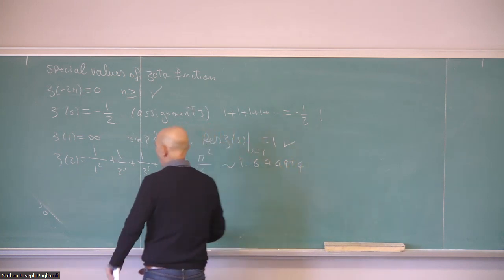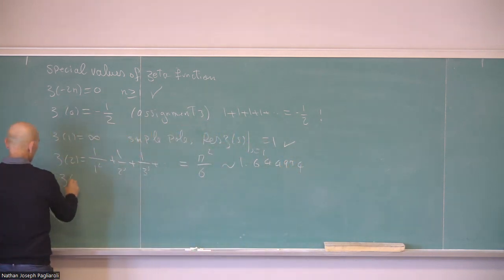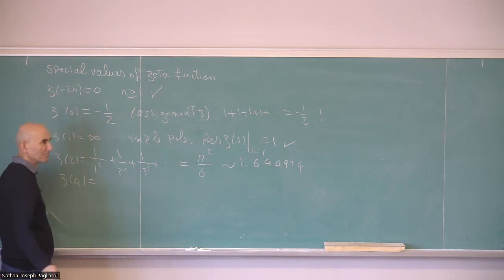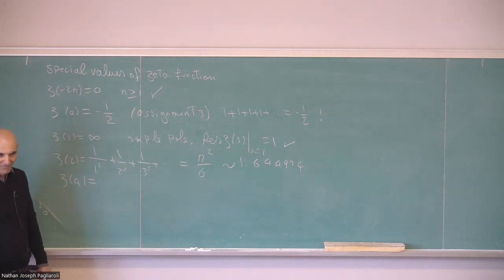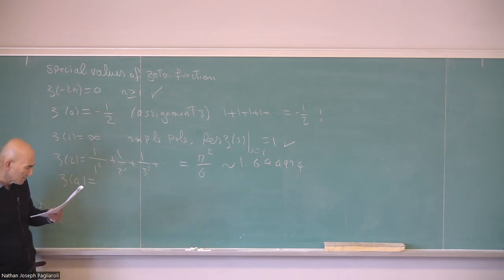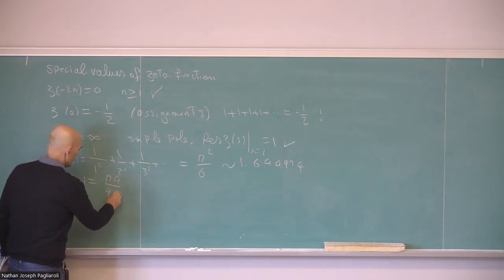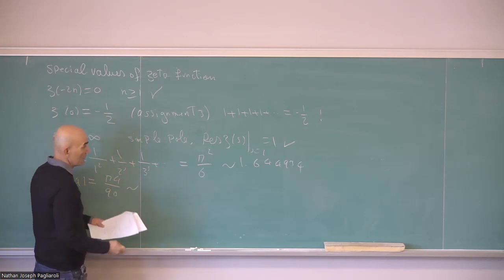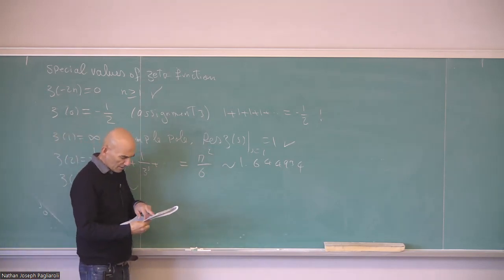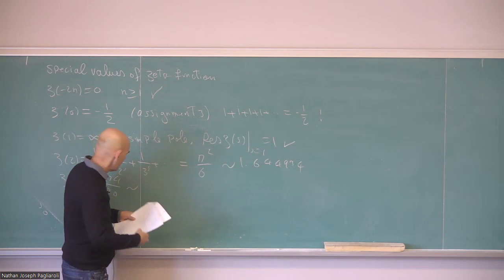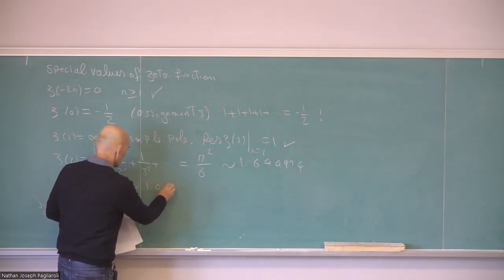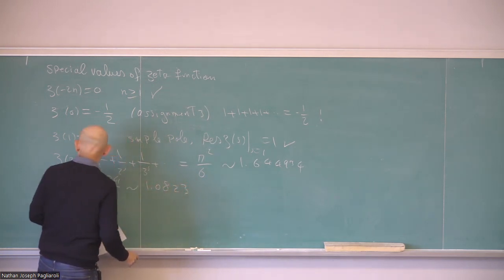And anybody remembers the value of zeta of 4? So zeta of 4 must be pi to the 4 over 90. Yeah, this is correct. And I write it down, this is approximately 1.0823.